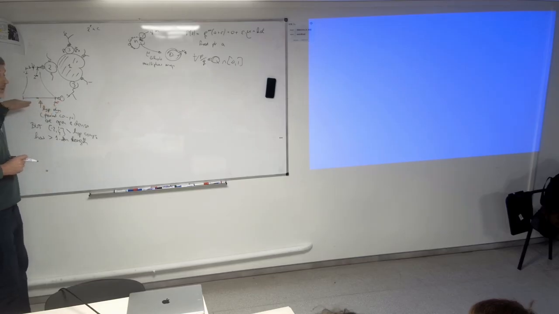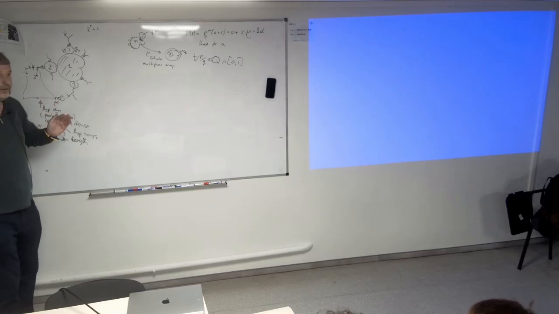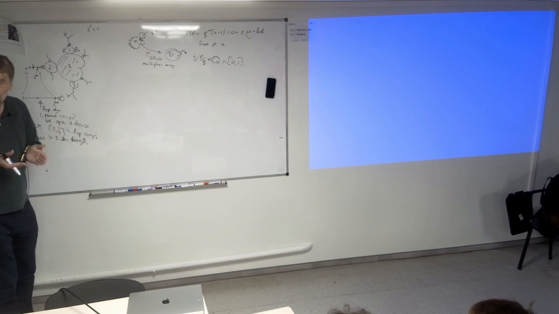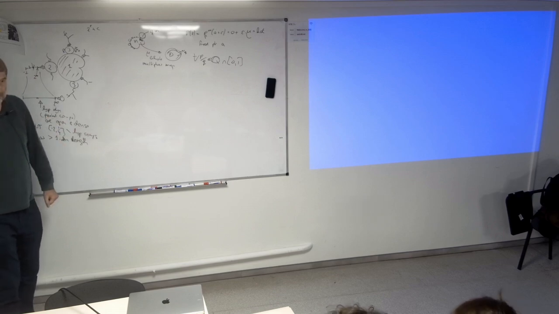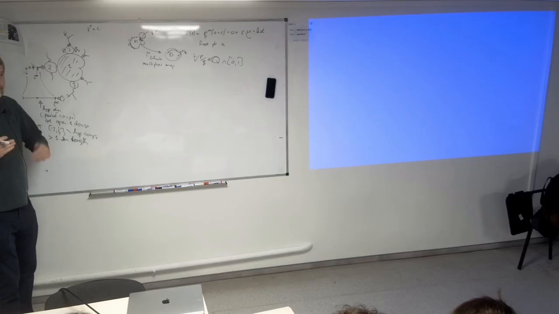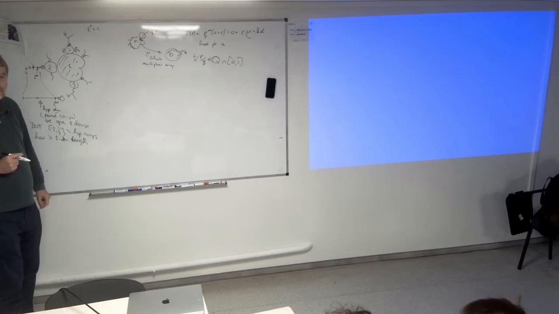This has positive one-dimensional Lebesgue measure, or length, whatever, length or area. So what's left has no interior points, but still positive length. In fact, in certain intervals, you have most of it.